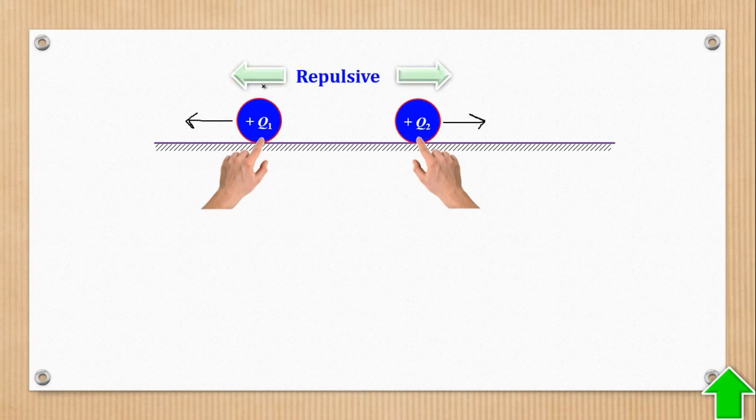If we didn't hold them fixed, then this charge would go this side and this charge would also go this side. But both are fixed, so there's only repulsion. The one holding them will feel the repulsion.